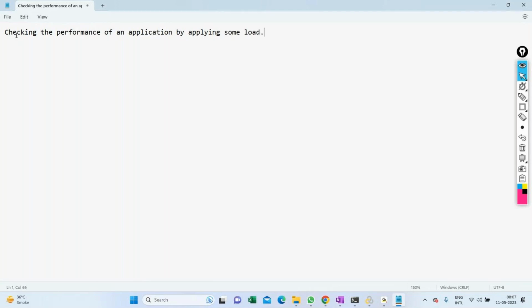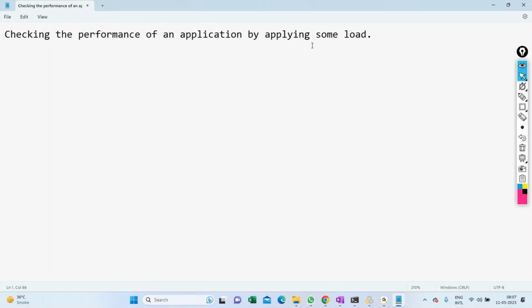Or you can write: checking the performance of a software application by applying some load. That's all performance testing is, for software. Now, what is load here, as per yesterday? Load means number of users. That's what we discussed yesterday.